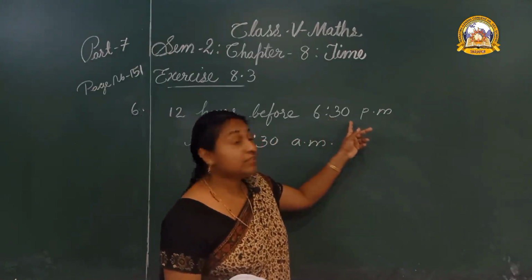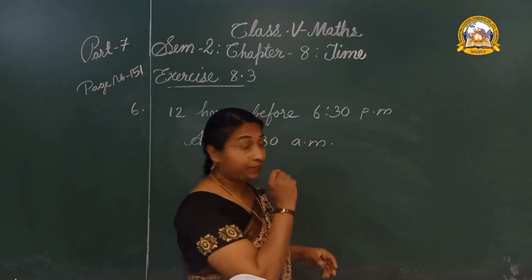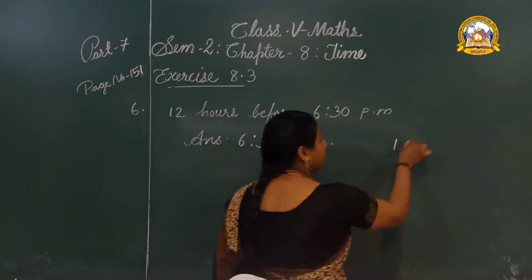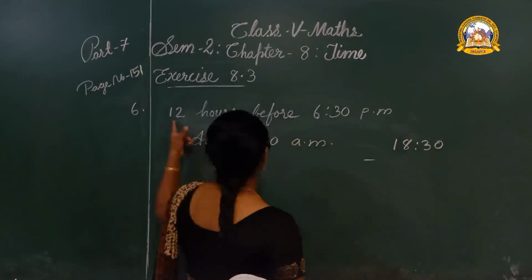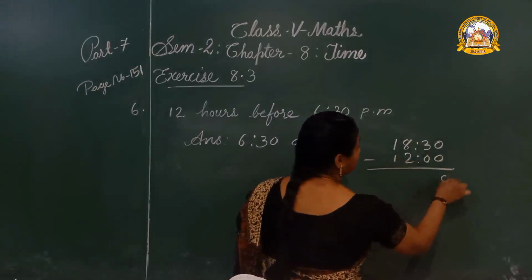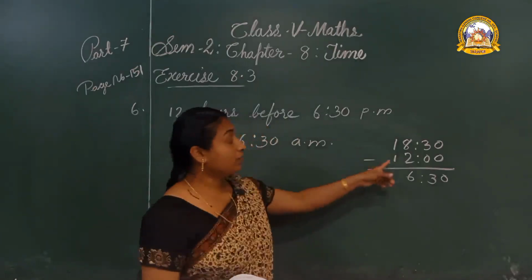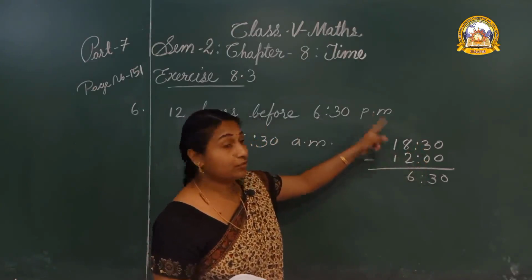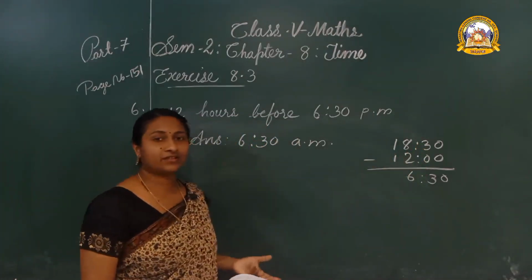How can we write it in 24 hours clock time? Yes, 6 plus 12, 18. 18:30 minus how many hours? 12 hours. 0, 3, 6. Here we have subtracted, so we have to change the PM to AM. Okay, 6:30 AM. Very easy work.